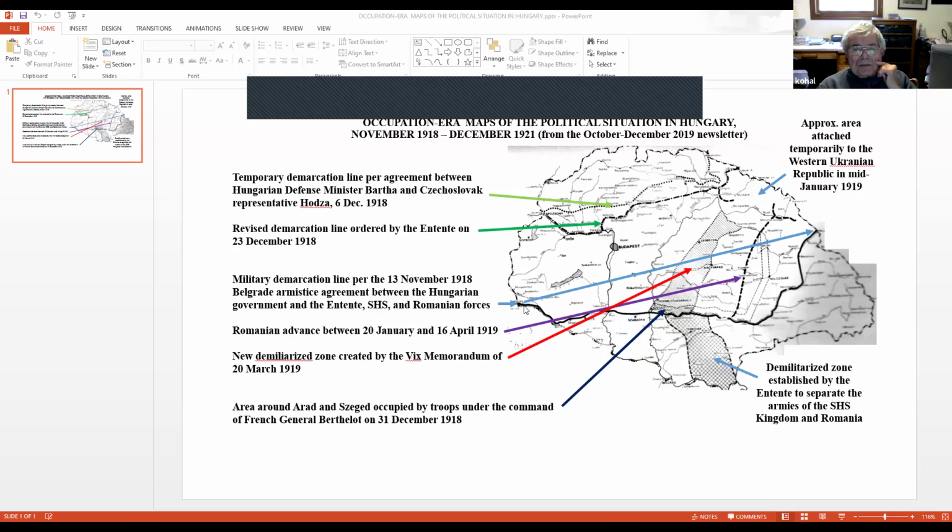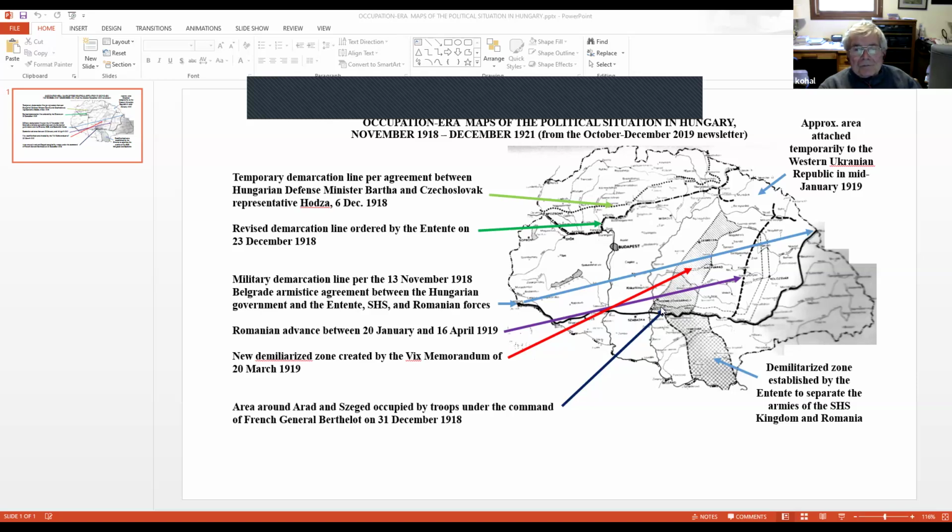On the south, it shows the original armistice line that was the same as in my other slide. And it shows the Romanian line of control, and the thing with the Vix memorandum, where the Hungarians were ordered to go back farther into Hungary, which resulted in the resignation of the Republican government to turn over power to the Soviet Republic.